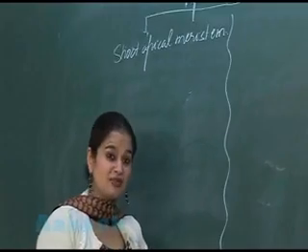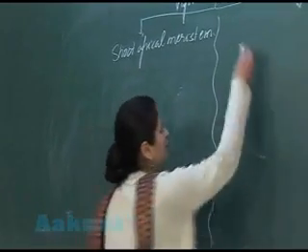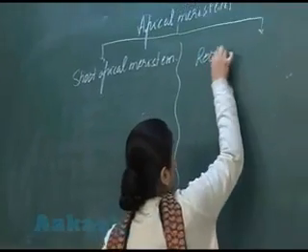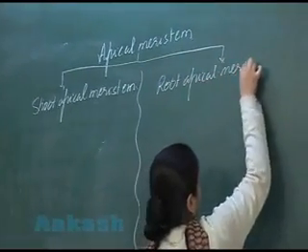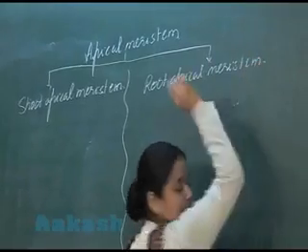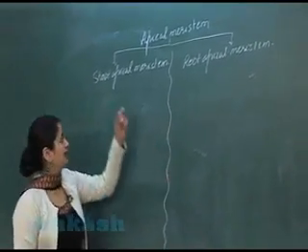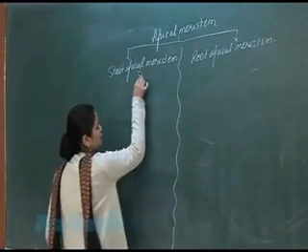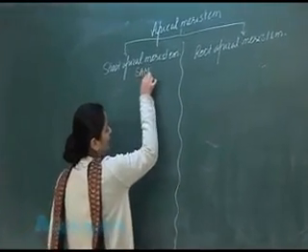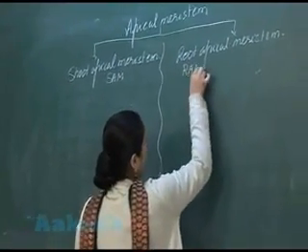And the meristem which is present at the apex of root, simply you are going to call it as root apical meristem. So the two types of the apical meristem, one is SAM, S-A-M, that is shoot apical meristem. Another is RAM, that is root apical meristem.